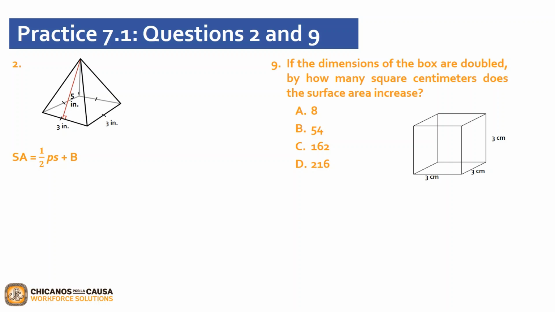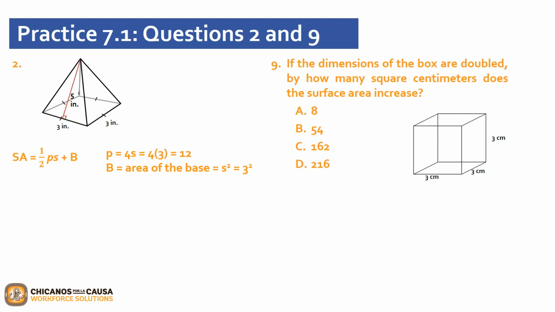In order to find the perimeter of a square, it's 4 times its sides because the sides are all the same. So when we replace the variable s with the value of 3, we get 12. So in that case, it's 4 times 3 equals 12. So our perimeter for the pyramid is 12.